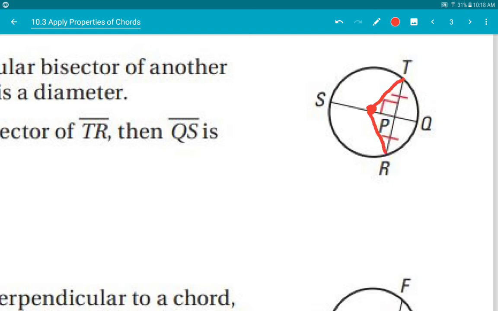So what are you creating here? You're creating an isosceles triangle, because this length is R for the radius, and this length is also R. Those two segments are congruent. So that already gives you a hypotenuse and a leg, and notice it's a right triangle. Therefore, those two triangles are going to be congruent.